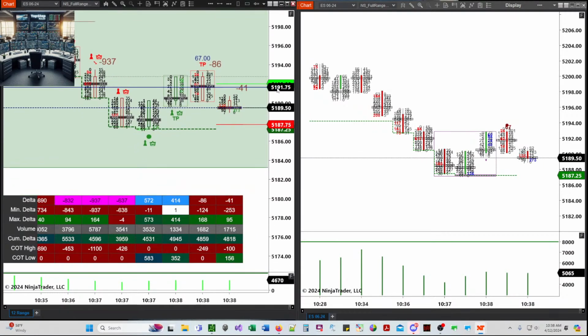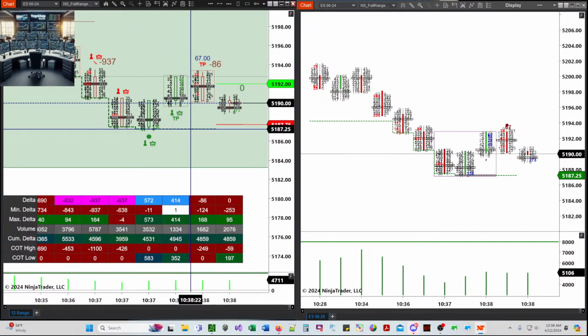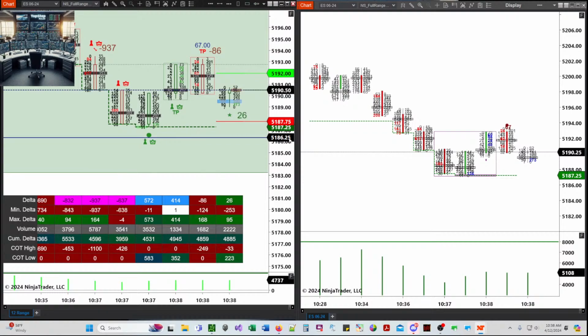Lows of the day, that's that green dotted line. That's the lows of the session, 87.25 now.